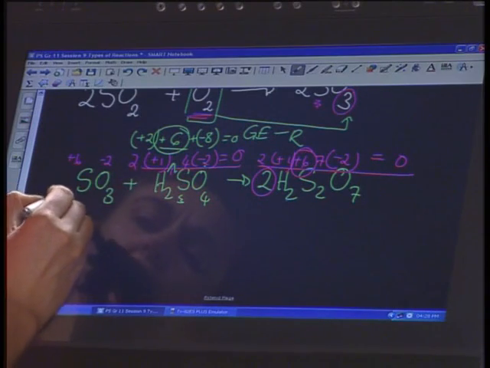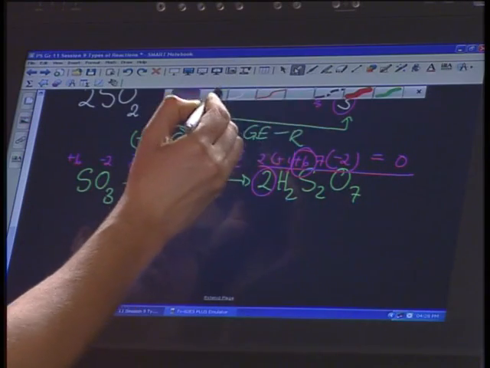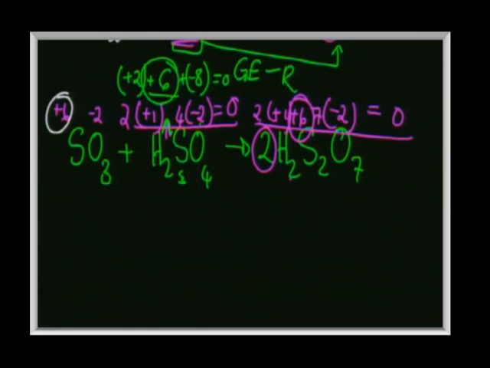So if I look at it, I notice that my sulfur remains +6 throughout the entire reaction. So there is no loss or gain of electrons. My oxygen remains -2 throughout the reaction. So there is no loss or gain of electrons.